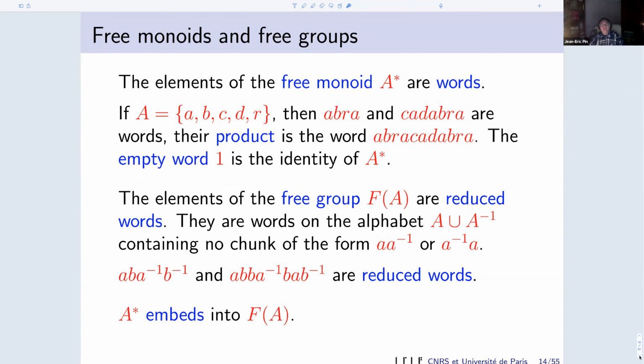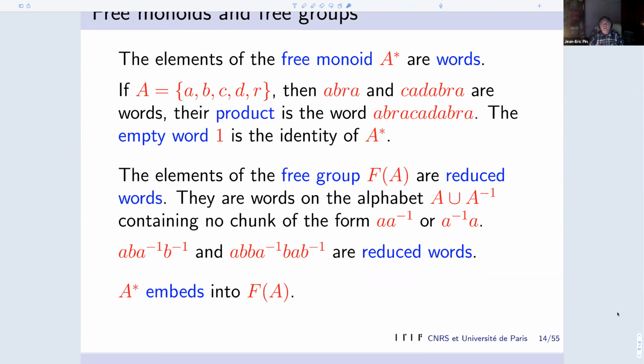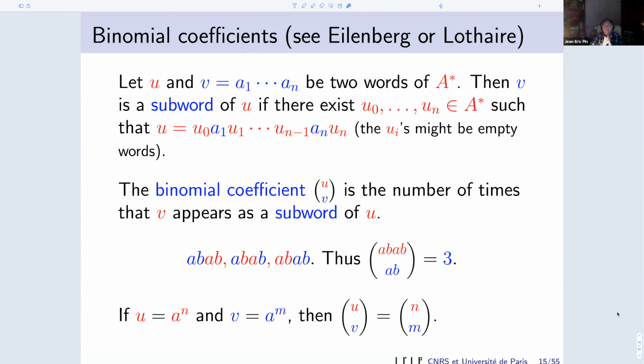That's right. So a little bit of combinatorial things that I will use later on, and I don't know if you are aware of that, it's quite a funny notion. Take two words, U and V, where V is A1 to AN, and you say that V is a subword of U, which just means a subsequence, the same definition as a subsequence.